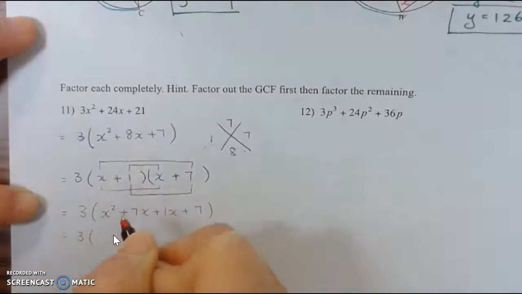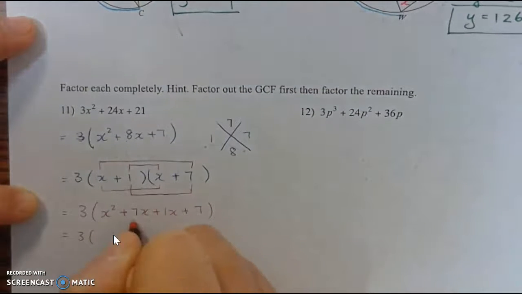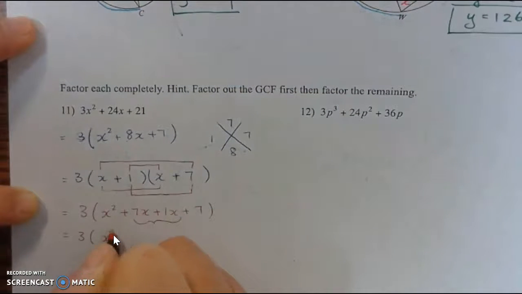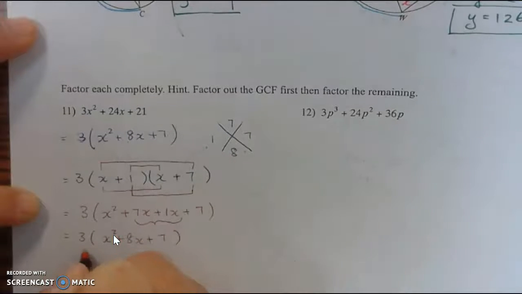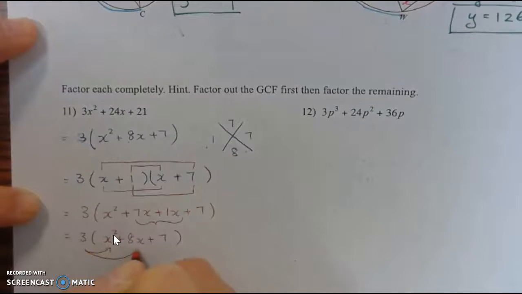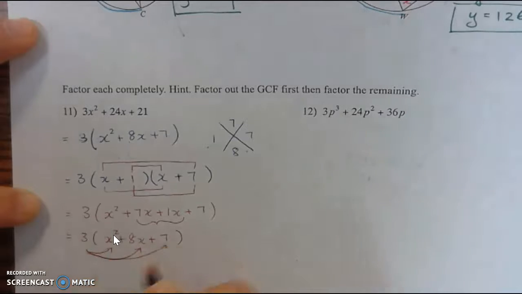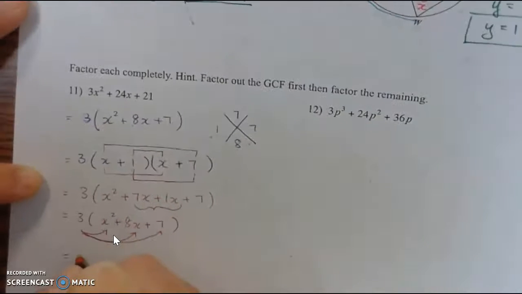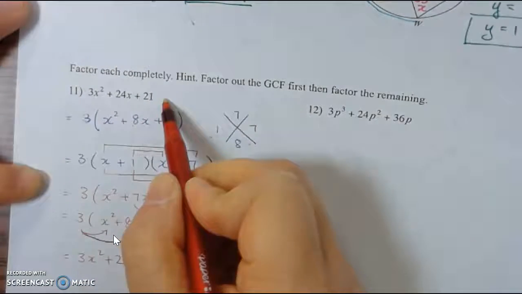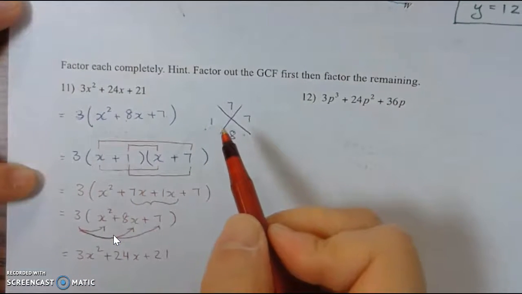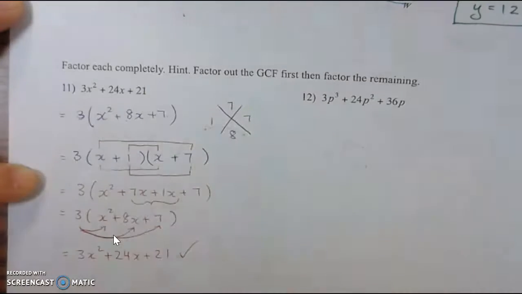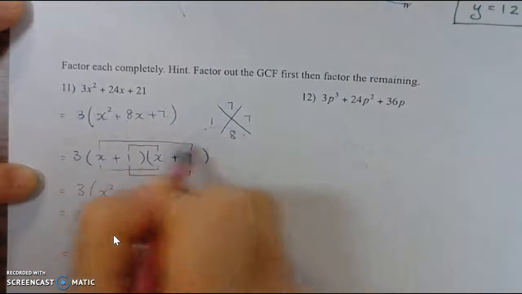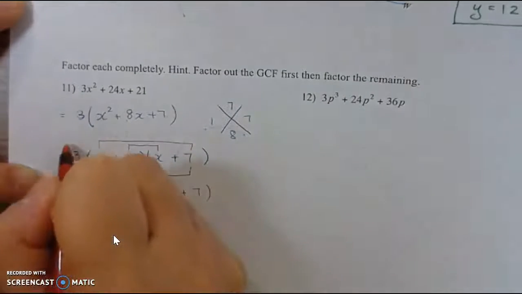And so then combining the like terms, you get x squared plus 8x plus 7. And then I need to distribute 3 to each of the terms inside the parentheses. And that leaves me with 3x squared plus 24x plus 21. And that is my original quadratic expression I started off with. So I know that that is correct. Okay, so this was my correct factoring.